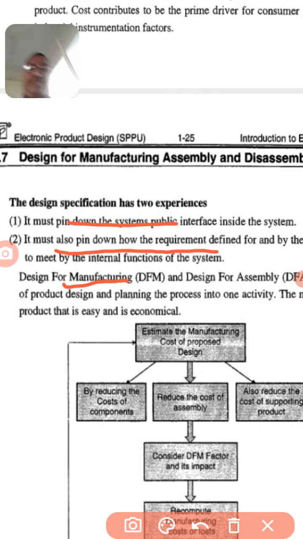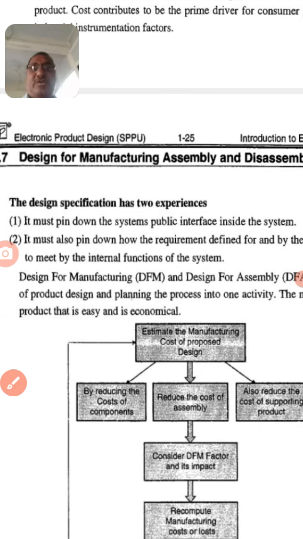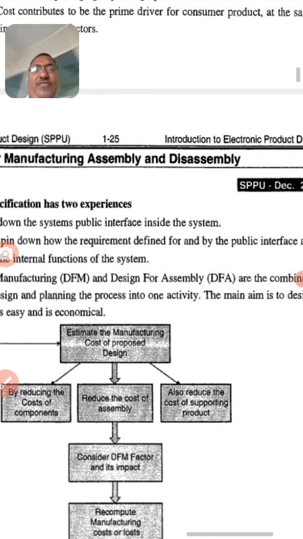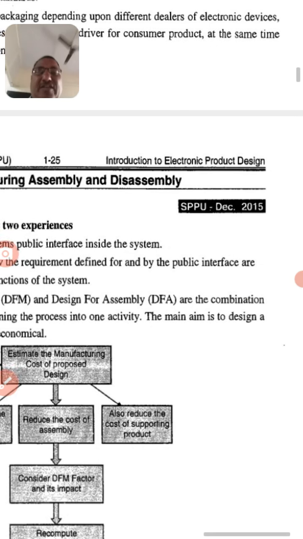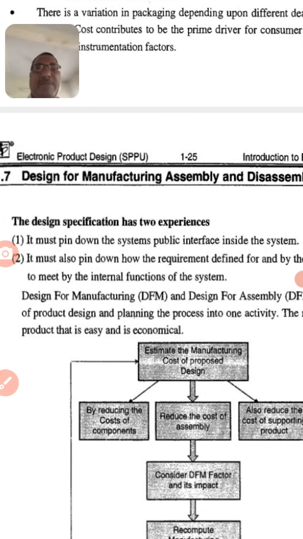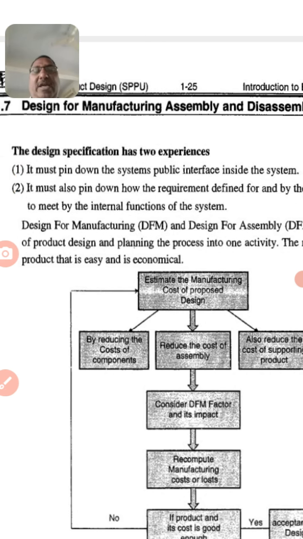It must also pin down how the requirements defined for and by the public interface are to be met by the interface functions of the system. Design for manufacturing, design for assembly and design for disassembly: these are three different parameters.